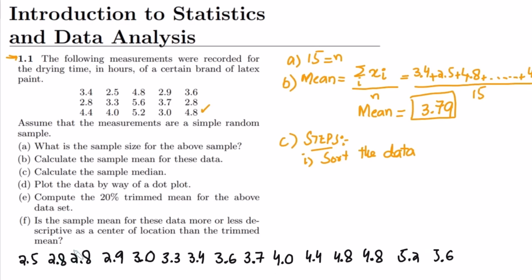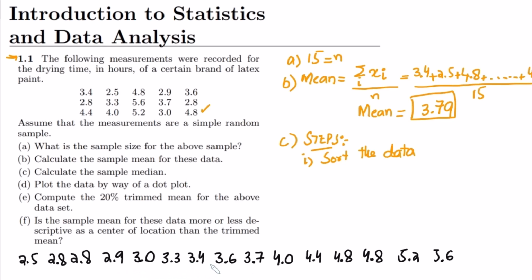Let me count whether these are 15 or not: 1 2 3 4 5 6 7 8 9 10 11 12 13 14 15. So these are 15 data samples, and in order to find the middle of them, the right side and left side data points should be equally divided.